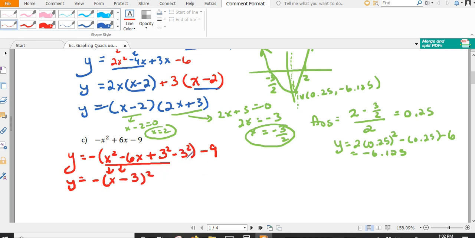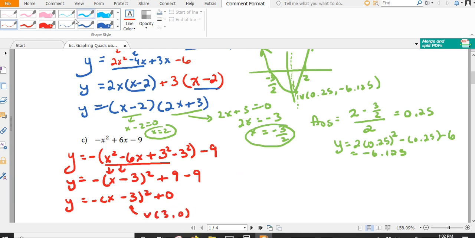Now I need to bring this out, because negative 9 times negative 1 is plus 9 minus 9. Oh, beautiful. Which will give me my vertex of plus 9 minus 9 is plus 0. So my vertex is 3, 0.